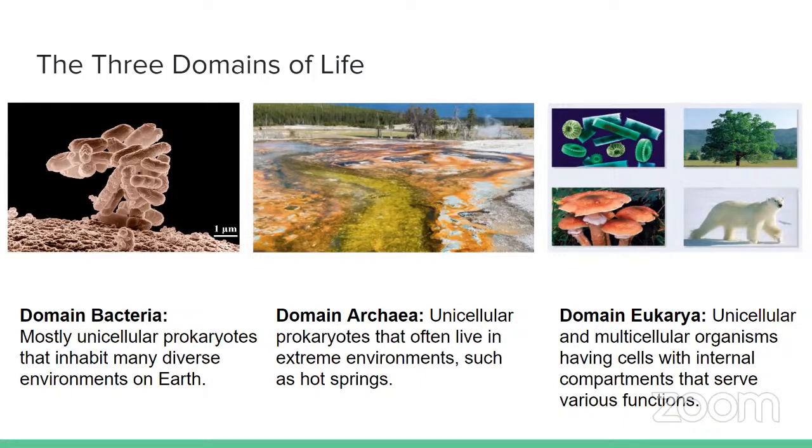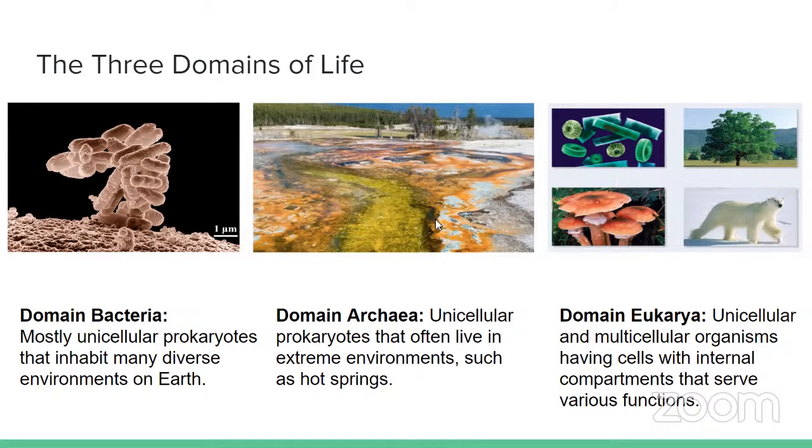We have another really different group of unicellular prokaryotes that we don't think about as often because they often live in really extreme environments. So for example, these hot springs, these colors are actually made by some organisms in this domain, by some archaeans.